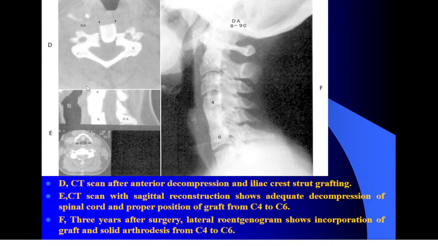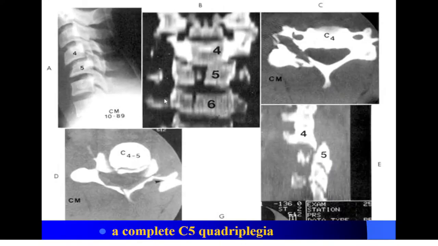So here you can see the CT scan image. That is a transverse foramen, that is the body, and as you can see, the body is completely split from the arch of the vertebra. Plus, we have an injury of the vertebral body as well.